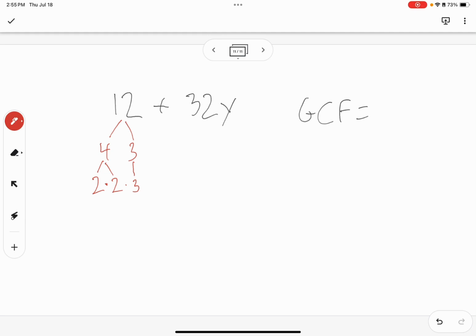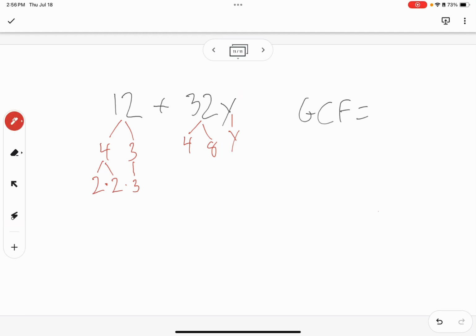Let's break these down. I've got two numbers that I can multiply to get 32. Well, I could do 4 and 8. And then I also want to do my variable, which is y. Since it's y to the first power, remember there's an invisible 1 up here for the exponent, there's only one y.